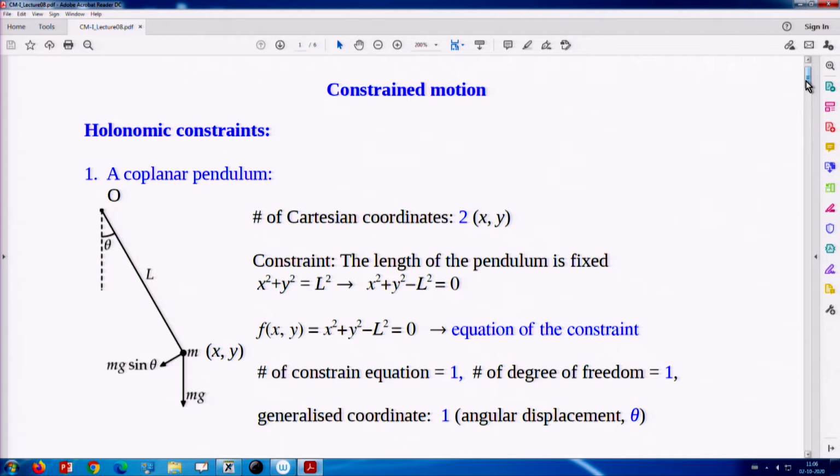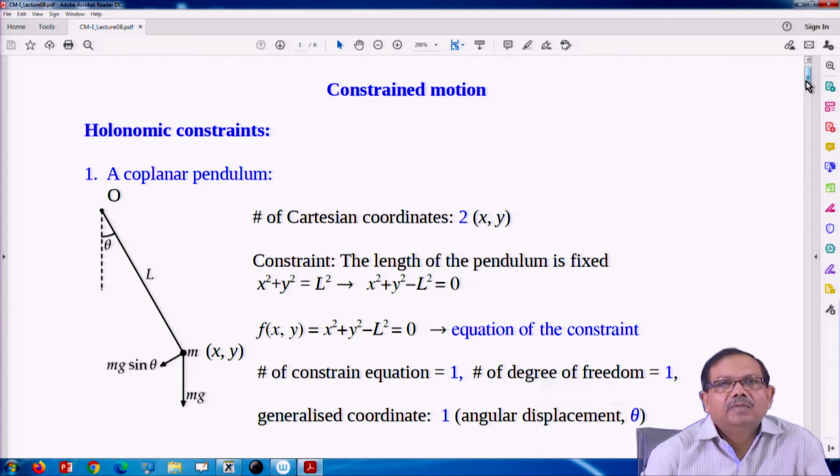So, there are occasions when we need not bother about this, but there would be some occasions when we need to bother about that. If we have to find out the properties of the constraint applied on the system, then we must consider this.